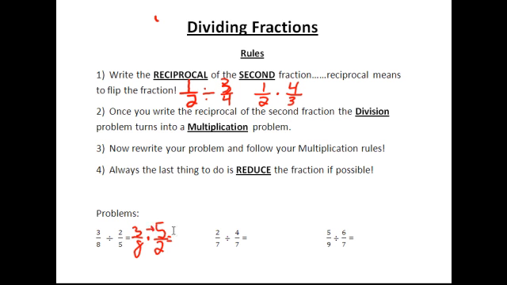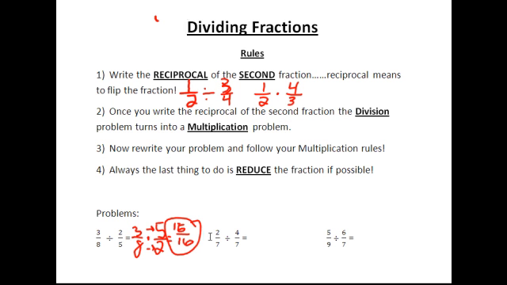So I'll take 3 times 5, which is 15, and then 8 times 2, which is 16. So now I have 15/16. I can't do anything to make that simpler. They have no number in common, so that will be my answer.